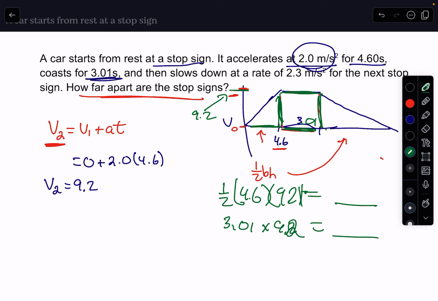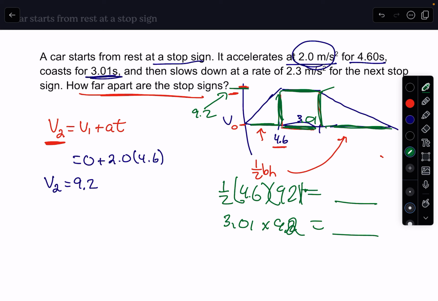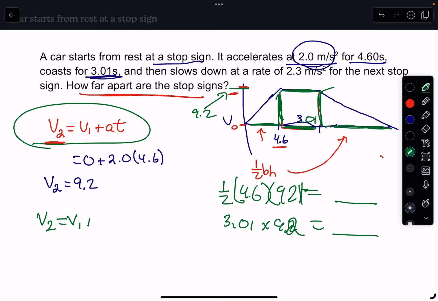Now for this triangle, we don't know the time. So we know that your starting velocity is 9.2. We're going to reuse this equation, V2 equals V1 plus AT, but what's V1? V1 is 9.2 because that's where he's going at the beginning of his motion for the third shape, the second triangle here.